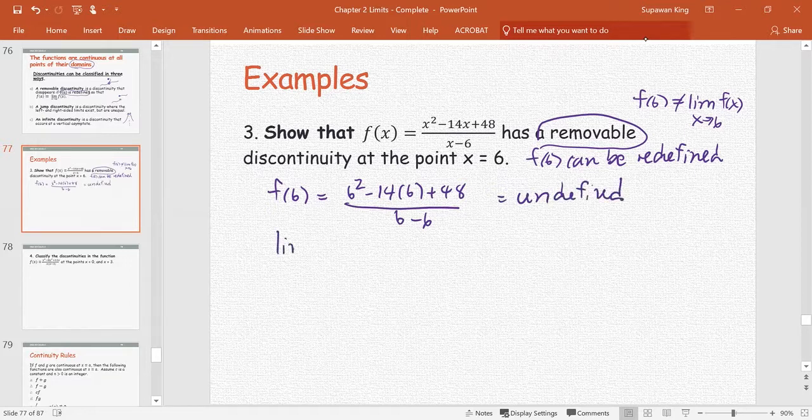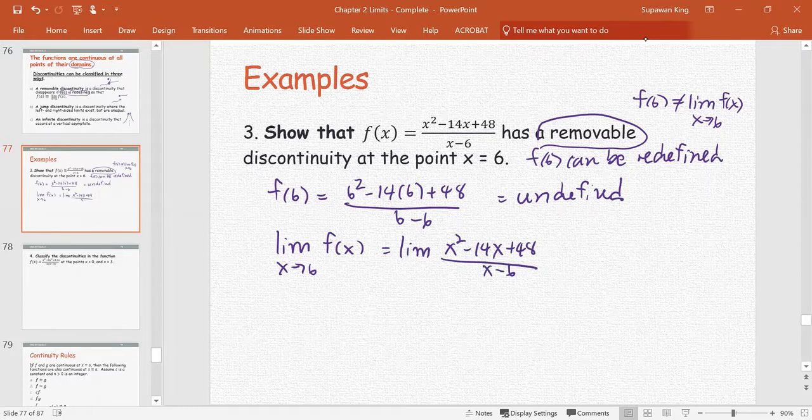Next, we're going to look for the limit of the function f of x as x approaches 6, or the limit of x squared minus 14x plus 48 divided by x minus 6 as x approaches 6. Since the denominator is 0, we are going to use factoring to cancel the zero denominator.